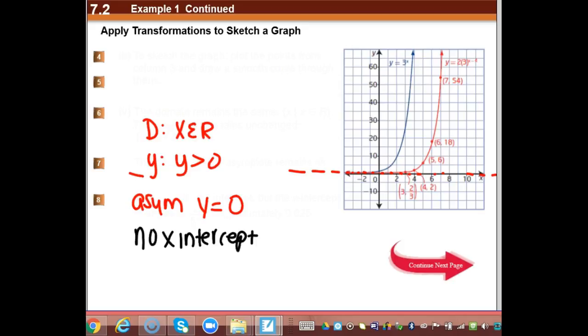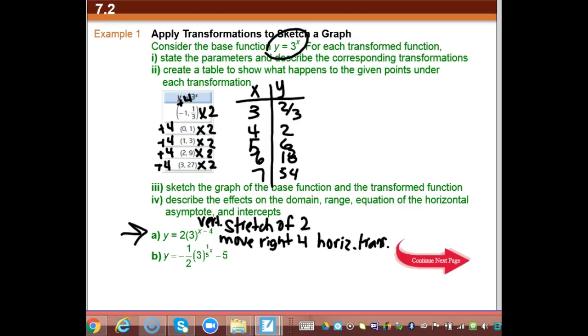To find the y-intercept, this was the original equation.